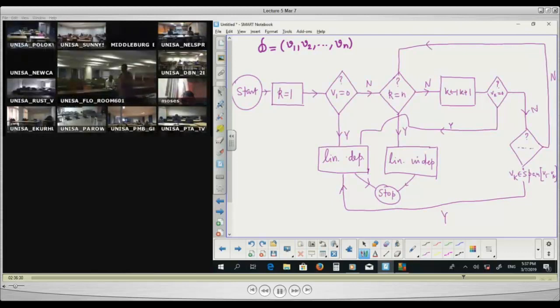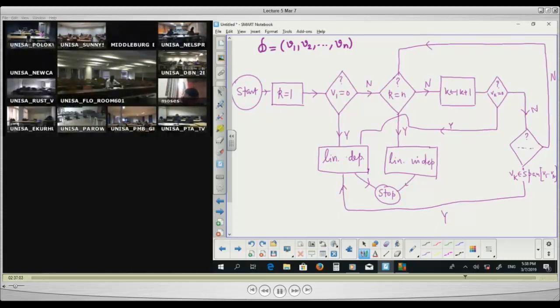See, in most cases, now that we know that everything is actually, if it is dimension n, it is in Rn. At this stage, how do you look into this stage? So, how do you decide on whether Vk is in the span of, how do you decide this?